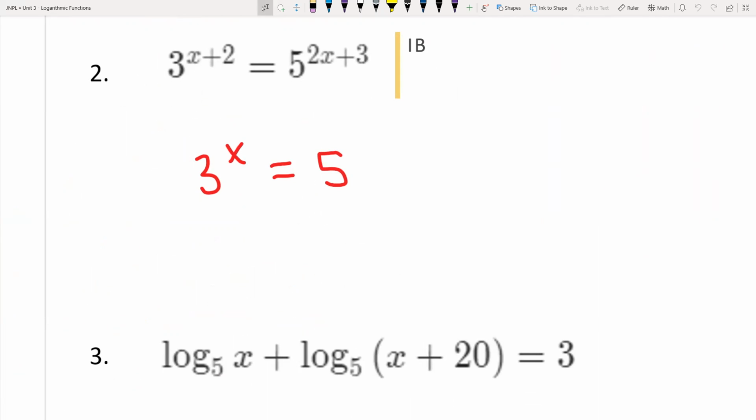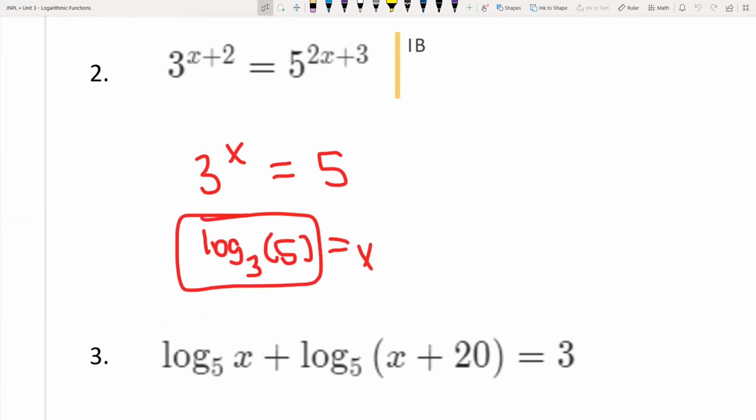But we can change this to the form log base 3 of 5 equals x. So that means this is what we can plug in for the exponent. Oh, actually, that's not what I wanted to do. That's if we wanted to make both bases 5.